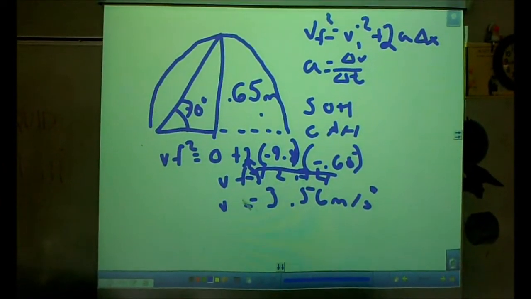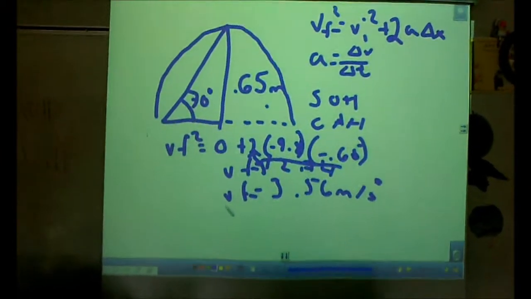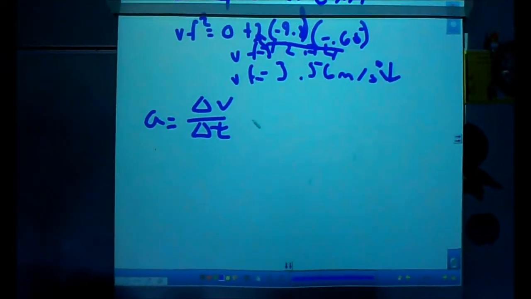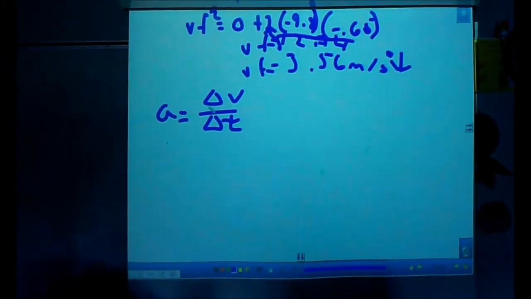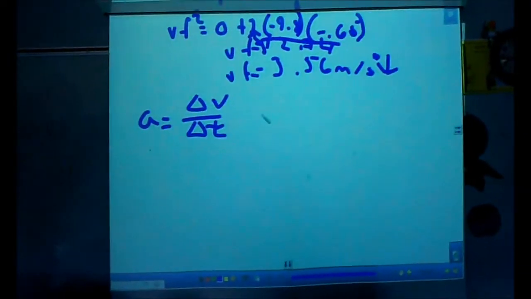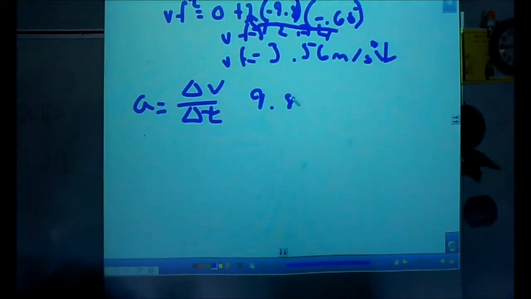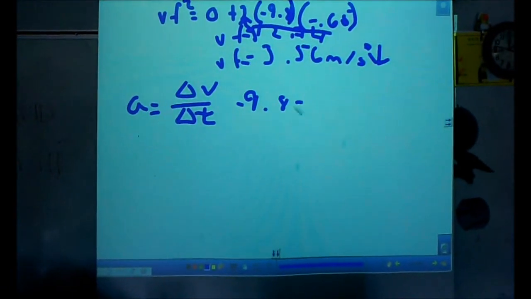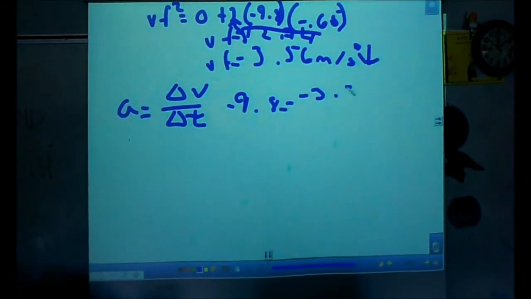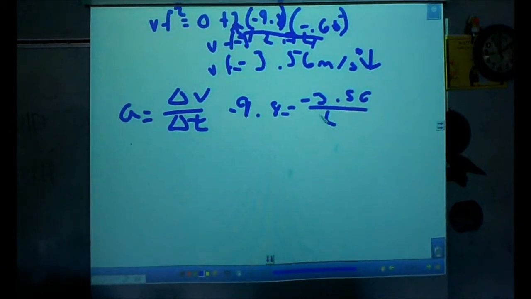Equals velocity final. To get the time, you need to find the time until we reach the maximum height. You need to use the a equals delta v over delta t formula. You get a, which is the gravity, negative 9.8, equals the delta v, which is negative 3.56 over t.